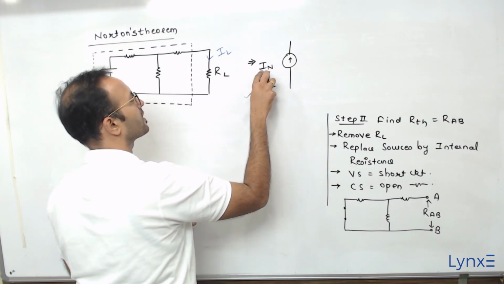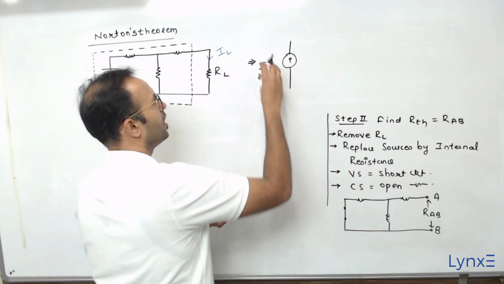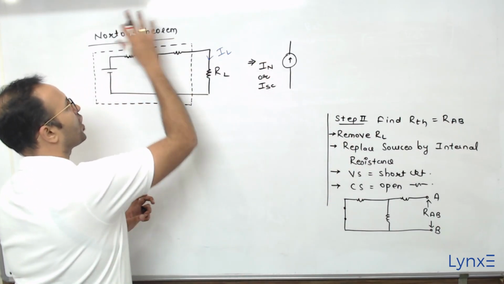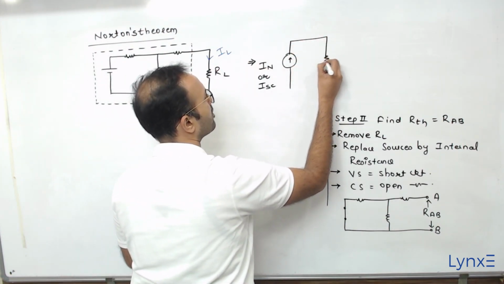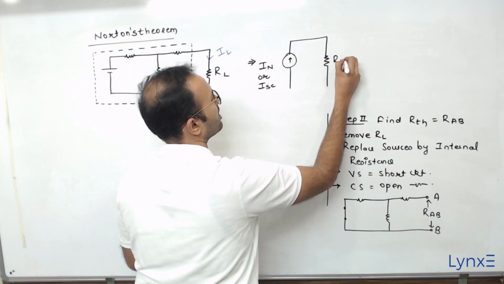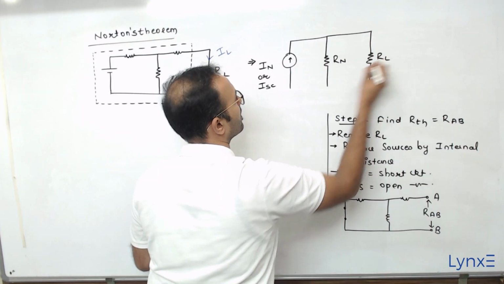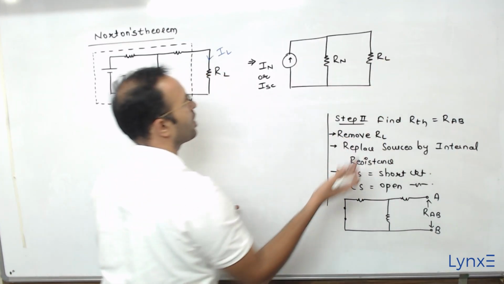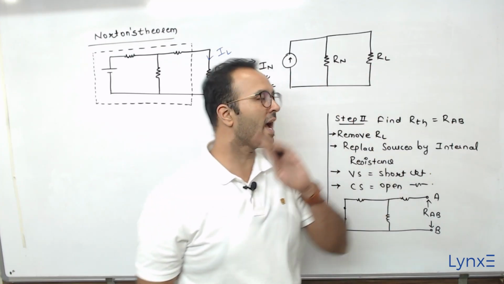IN is Norton's current, or the short circuit current. I'll explain why it is known as short circuit. This Norton current is in parallel with Norton resistance RN, across RL. I hope you have understood, this is Norton's equivalent circuit.